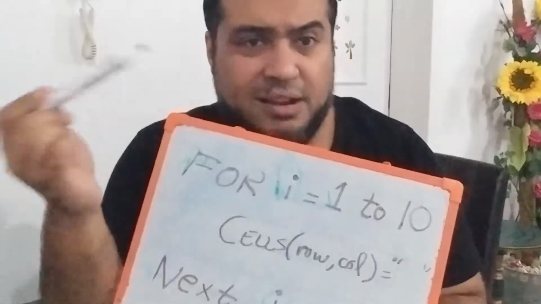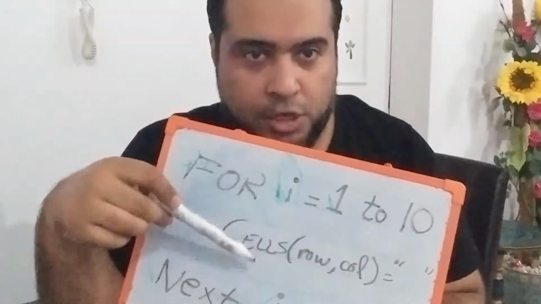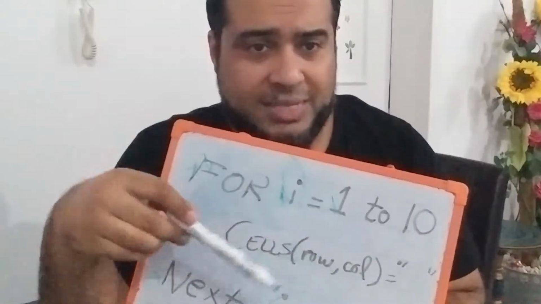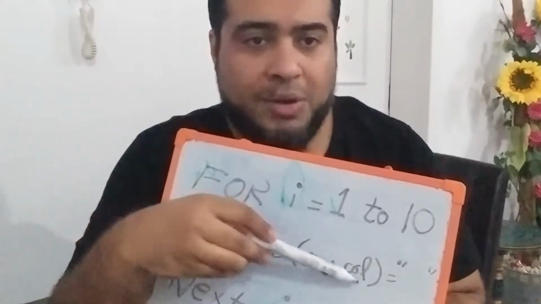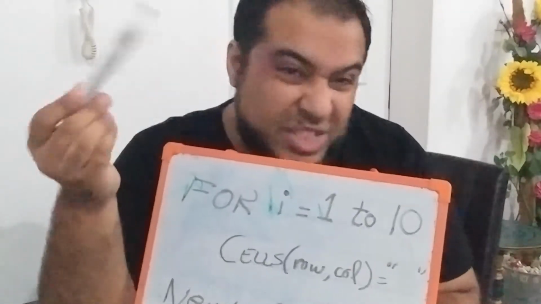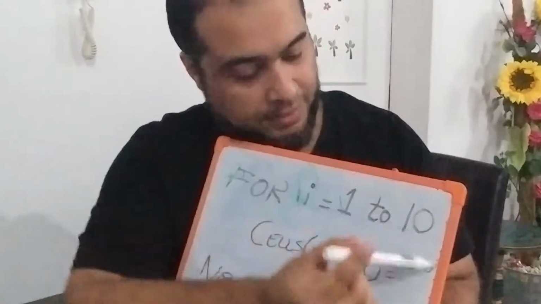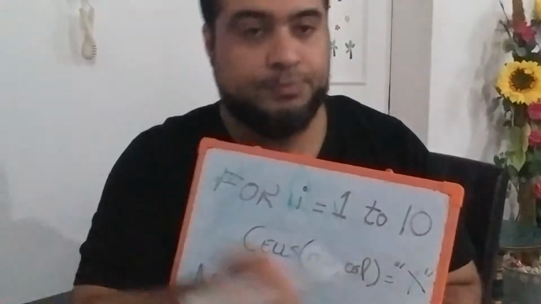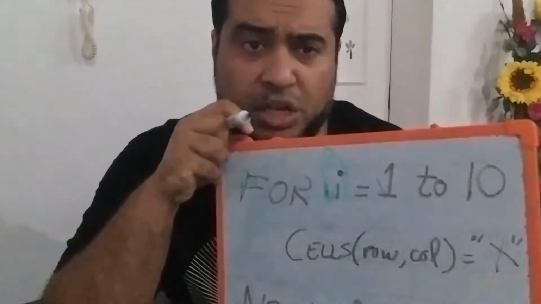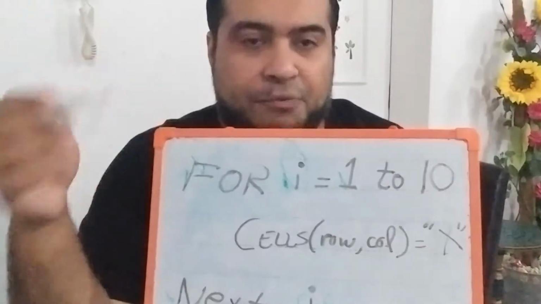Incrementing alphabets is more difficult in Visual Basic than incrementing numbers. So you can type row comma column. For example, if I write Cells(1, 1), it will correspond to the first row, first column, which is A1, and there it will put some value, let's say X. Right now I have a variable I which is changing every time.